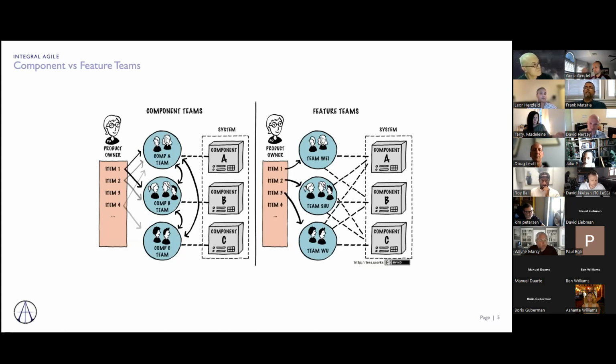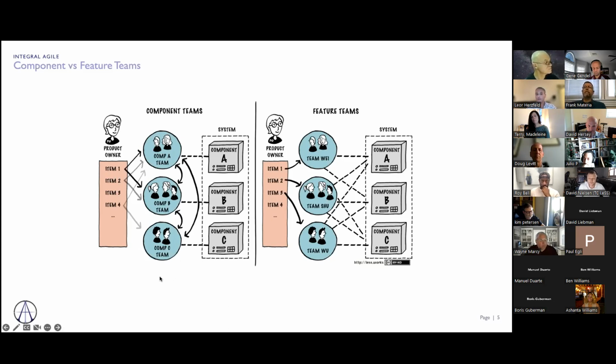Of course, the customer doesn't care. They just want to do what they want to do. But when you've got teams organized around components, you need more teams. That means more handoffs, more dependencies, and potentially more waste.